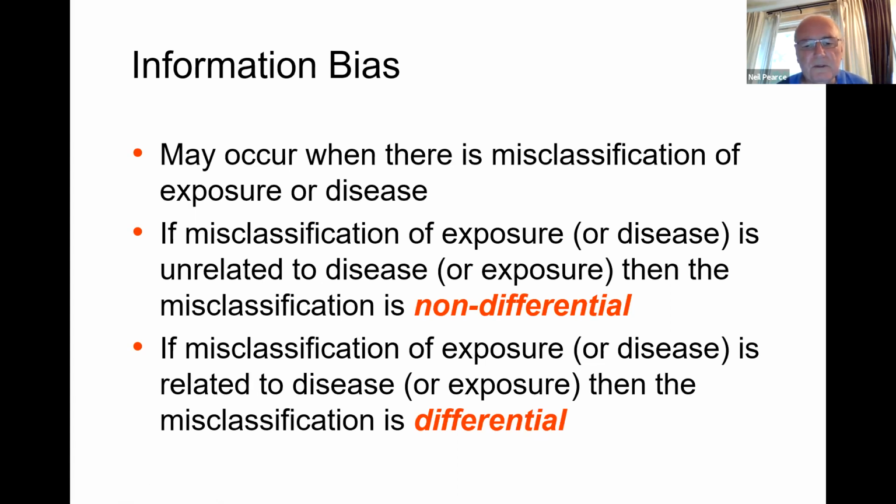On the other hand, if the misclassification of exposure is related to disease, then the misclassification is differential. An example of that might be if you're doing a cancer case control study and you've got cases of cancer and you ask them about things like pesticide exposure. If you've got cancer, you've probably thought quite a lot about what might have caused it.